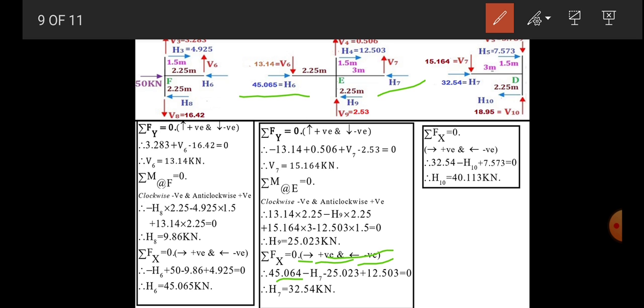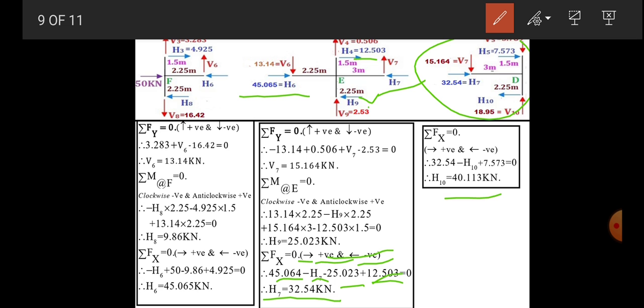Then H7 toward the left hand side, so minus H7, then H9, which is toward the left hand side, so minus 25.023, and next one is H4 toward the right hand side, so positive 12.503 is equal to 0. So by simplifying, we have H7 is equal to 32.54 kilonewton.